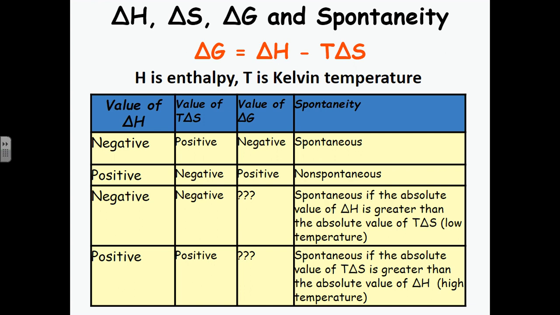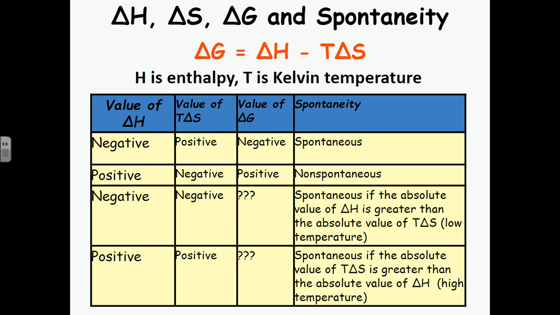Now, if you look at the bottom row, you have two positive values, where you have an endothermic reaction, and you have a T delta S that invokes a positive value. The only way it's spontaneous is if that T delta S value is greater than your endothermic value, absolute value.